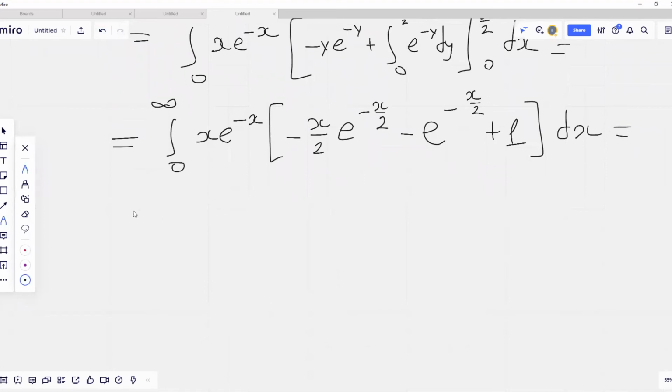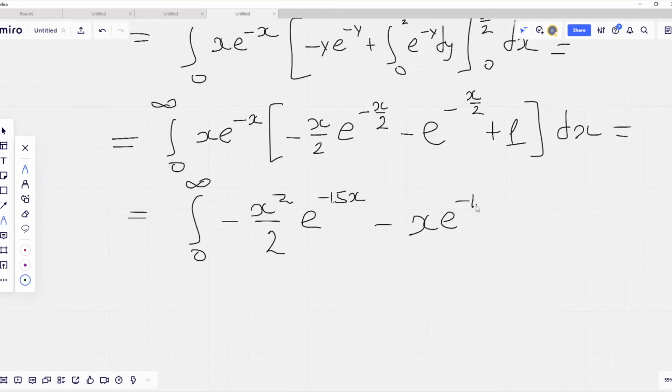So next we'll have to find the full integral from 0 to infinity of minus x squared over 2 e to the power of minus 1.5x, minus x e to the power of minus 1.5x, and plus x e to the power of minus x, dx.